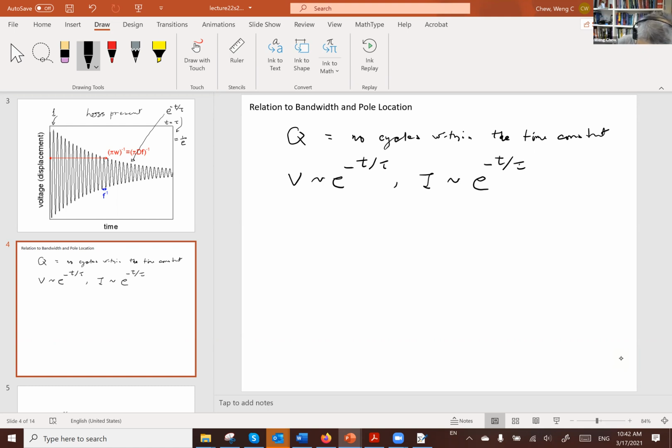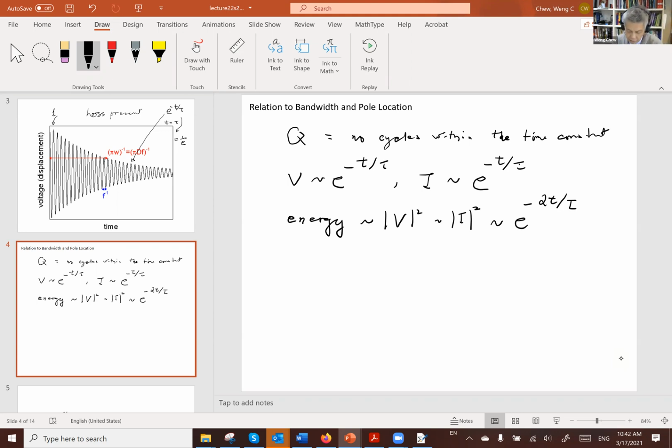The energy, which is proportional to either V squared or I squared, would be proportional to e to the minus 2t over tau.